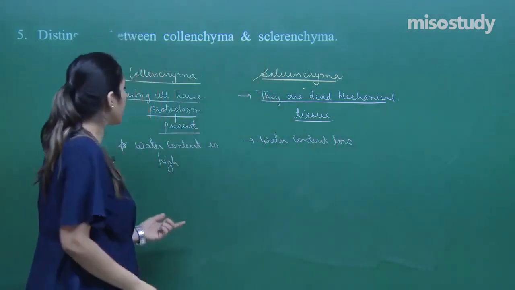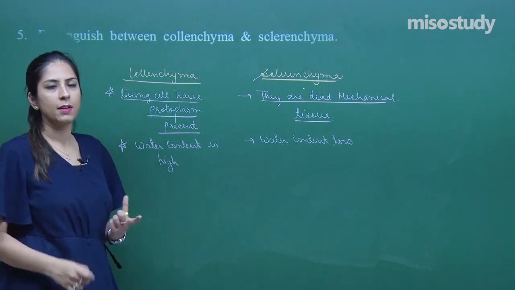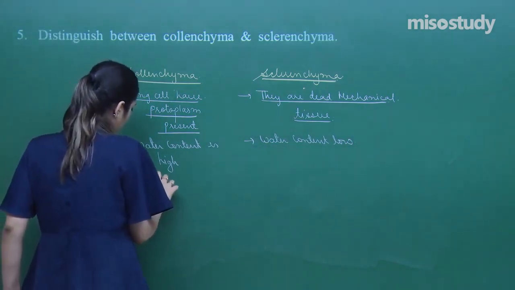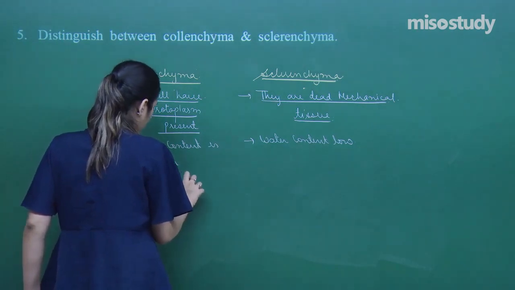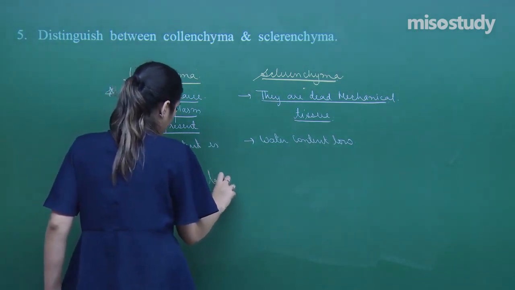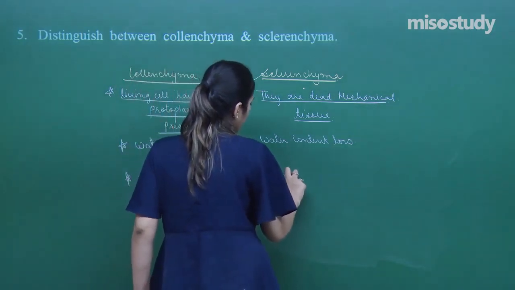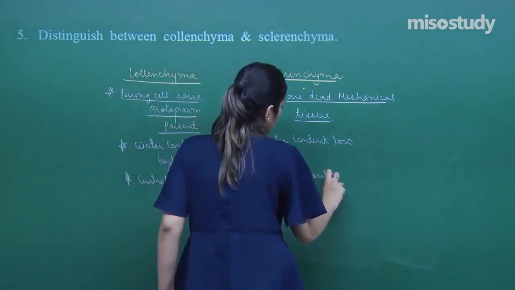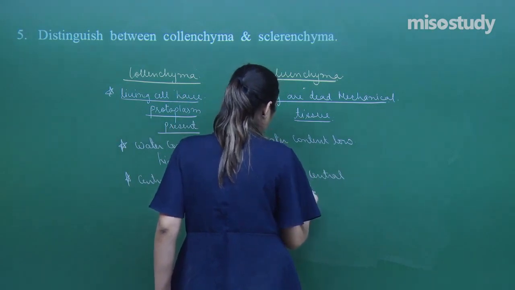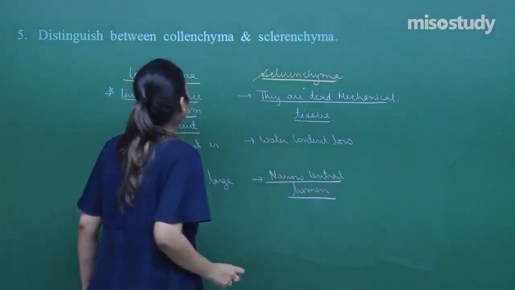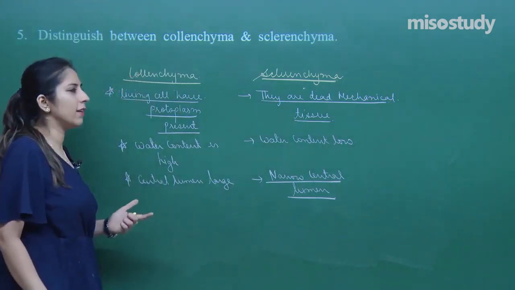In the Collenchyma, the central lumen is very large. In the Sclerenchyma, the narrow central lumen is there. These are the differences between a Collenchyma and the Sclerenchyma.